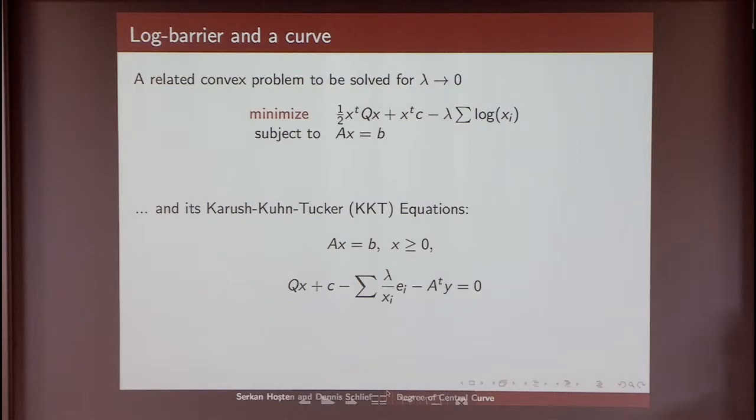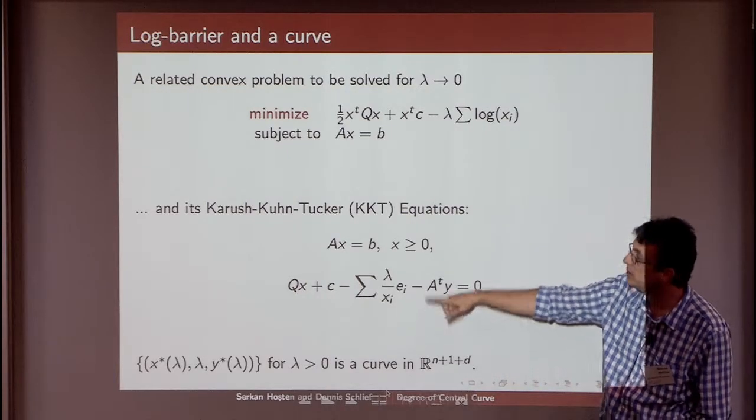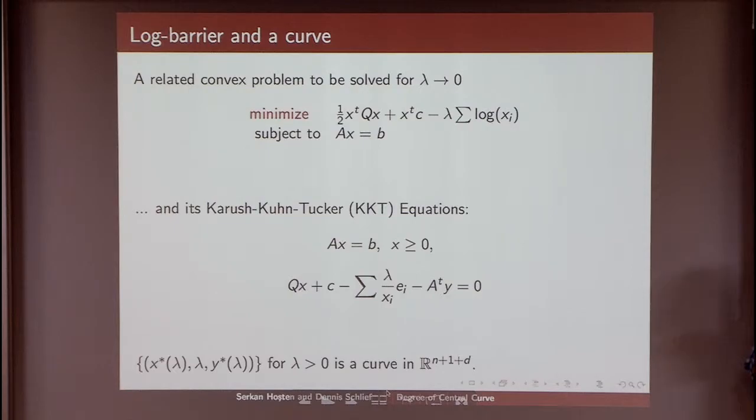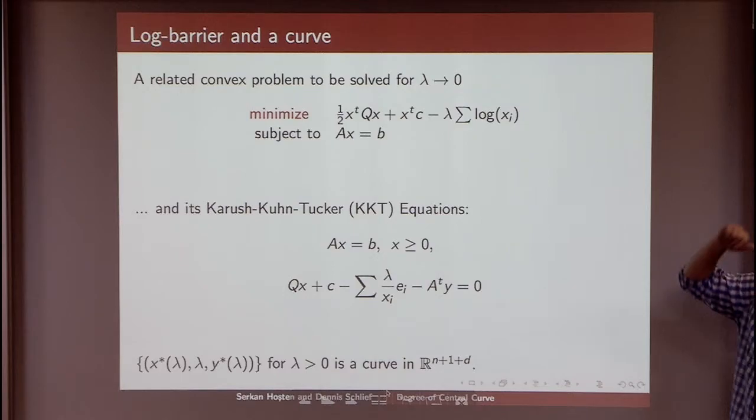So again, for every lambda there is a unique solution, where x star is the optimal solution up there. Then we can vary lambda and plot the pair of optimal x and y; actually, y is the optimal solution for the dual. We can plot that, and we're going to get a curve in R to the n plus 1 plus d.